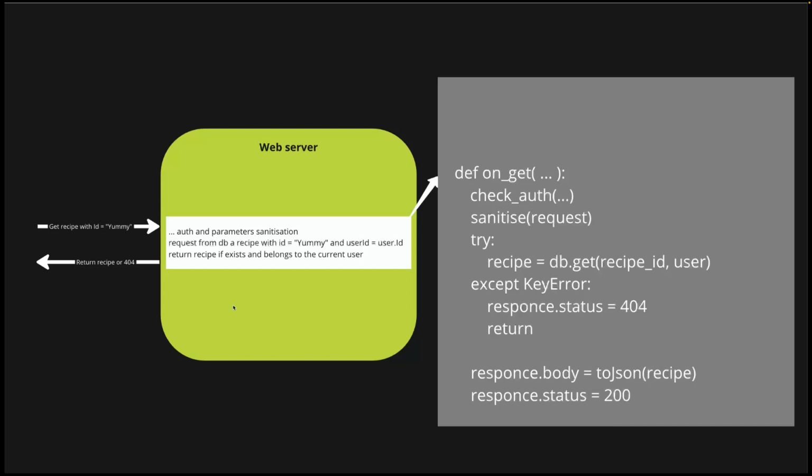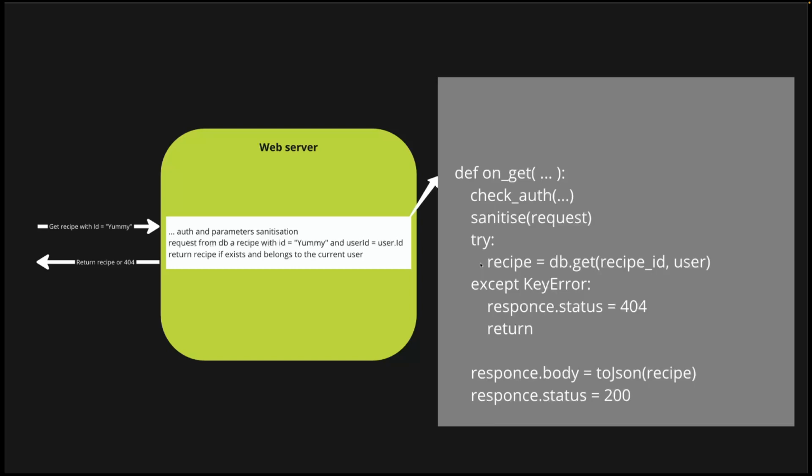On the right in gray, I have Python-ish code, which does the same. So we first have to check some auth, sanitize, maybe do some other stuff here. Then we try to get the recipe from the database, so database.get here. And then, for example, if we get a key error, which is actually from a Python dictionary, but you can imagine a similar one for the database, so if there was no key like this in the database, then we set response status 404 and we return.